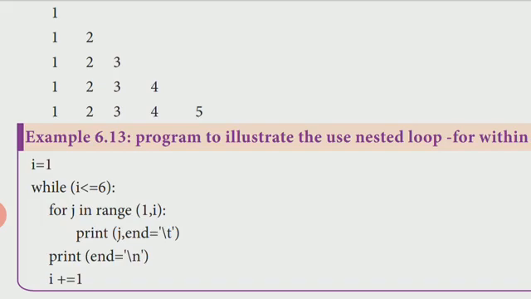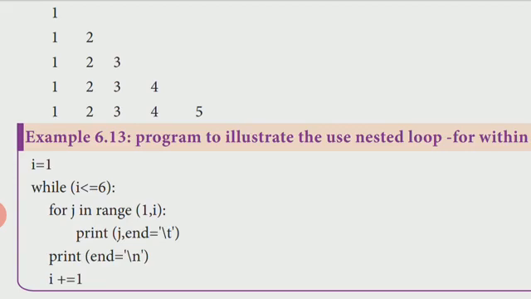Again it will check that 2 is less than or equal to 6, it is, so again j will be printed. Now the j starts from 1 and i becomes 2, then print j, end slash t, so here 2 j values are there, 1 and 2, and both values will be printed, 1 2.